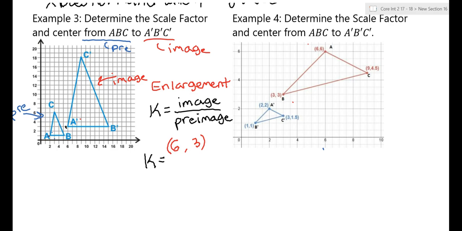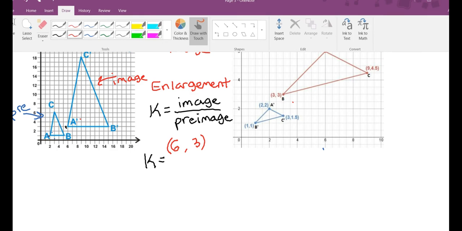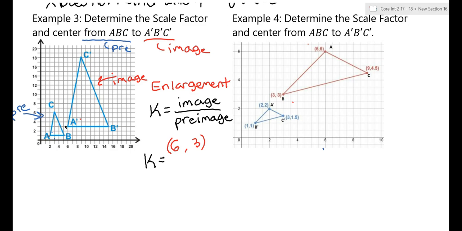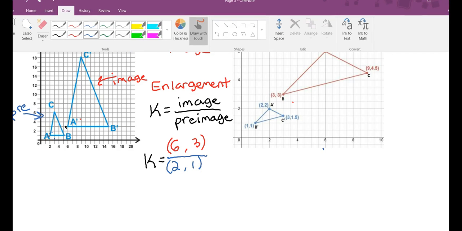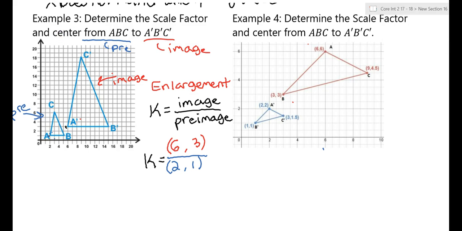And then I'm going to find the same point in my pre-image, A here, and that's over 2, up 1. So then I can divide either my x or my y, it doesn't matter. So k equals 6 divided by 2, which is 3. 3 divided by 1 is also 3.